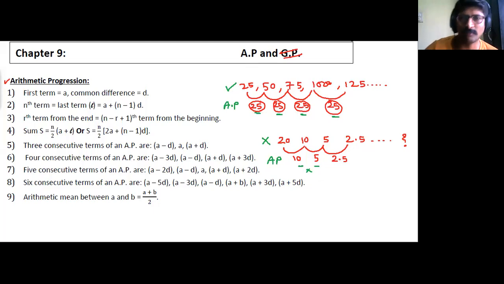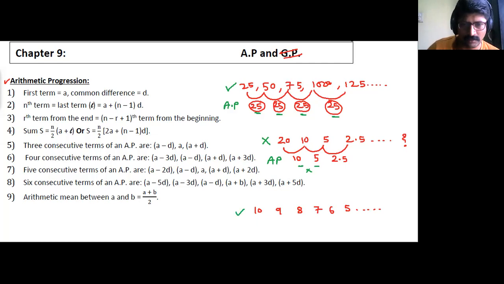Okay, I'll take one more example. Let's say the numbers are something like this: 10, 9, 8, 7, 6, 5, and so on. Okay. So is this an AP? The answer comes yes. And why is it so?